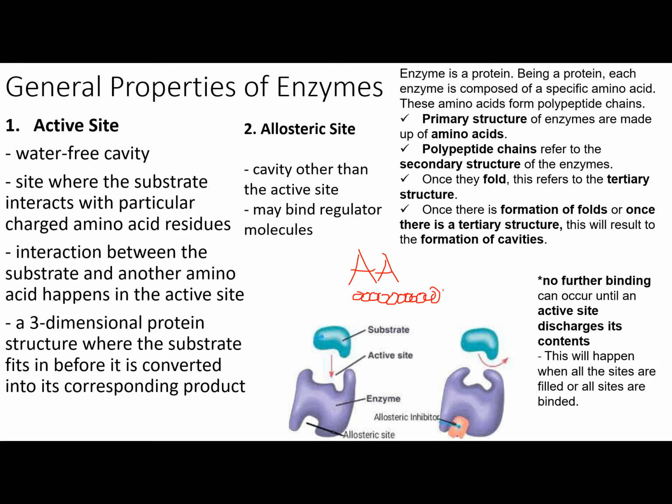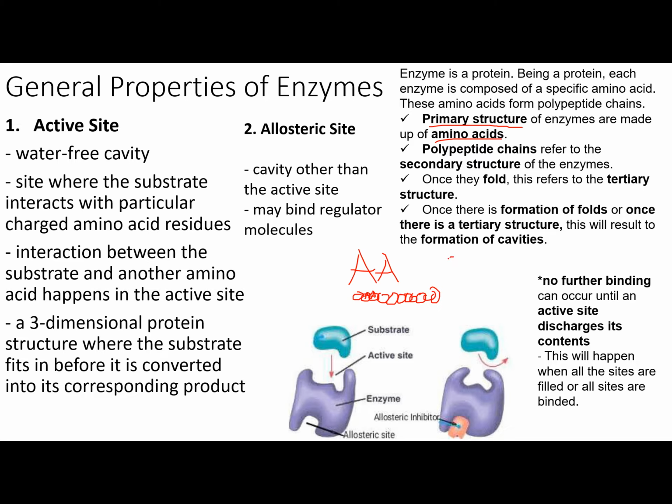Now, this polypeptide chain or amino acids are what we call the primary structure. So the primary structure of enzymes are made up of amino acids.